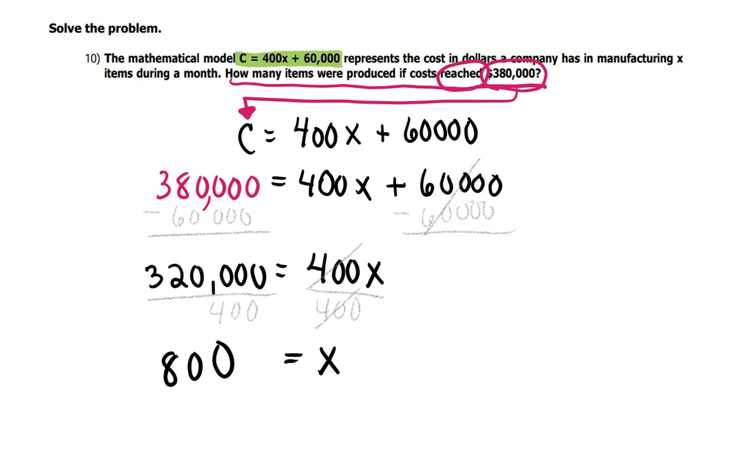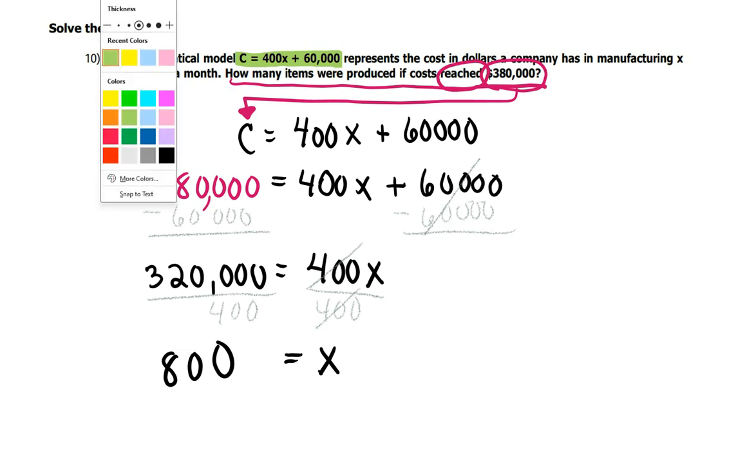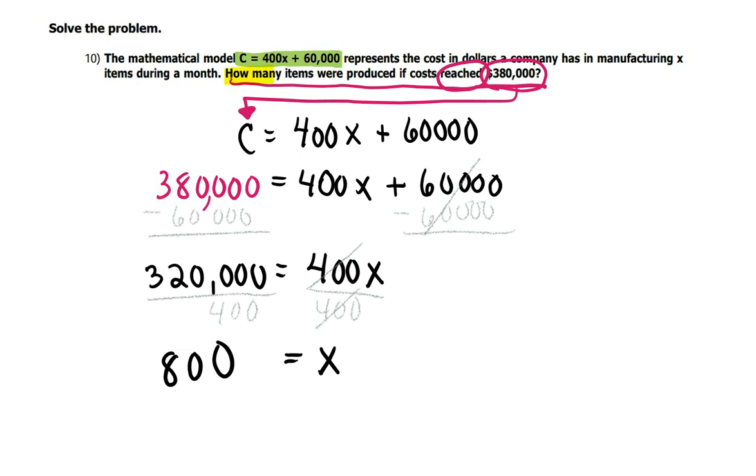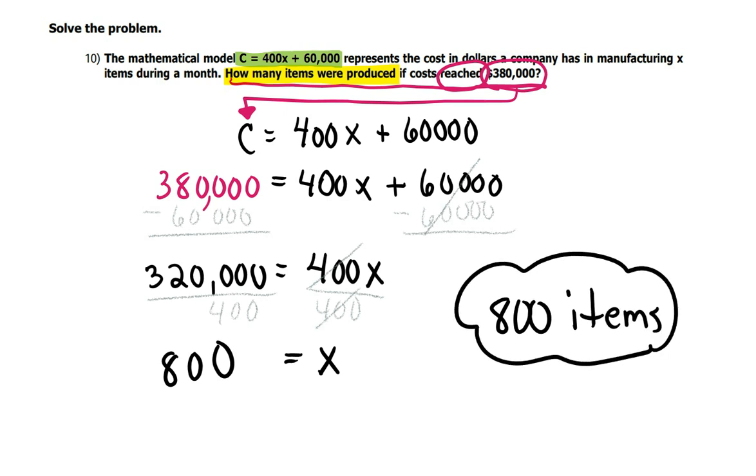So I get x is equal to 800. The question was, how many items were produced? 800 items. That's my answer, and I'm sticking with it.